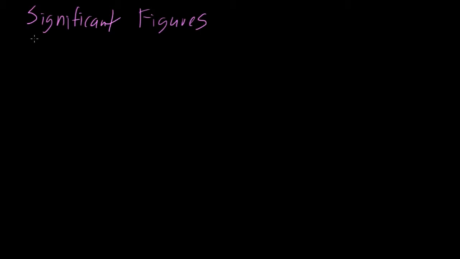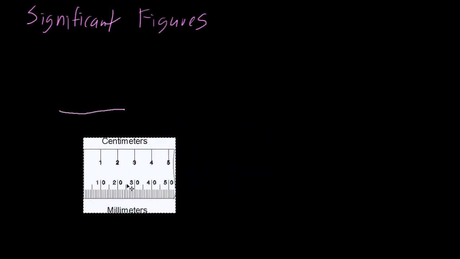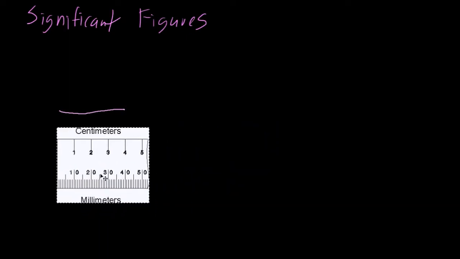So let's talk about where significant figures come from. Let's say that I have a line that's more or less straight, and I want to measure that line, and I want to measure it in centimeters. Well, let's see if I can trim that up some so that we can get a better reading on it. There we go.